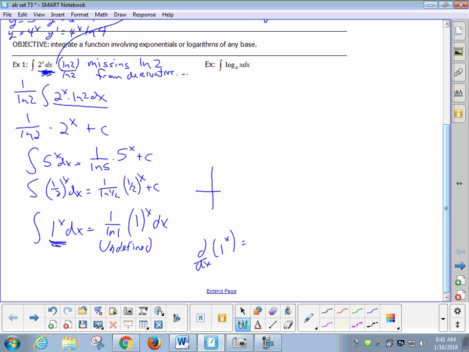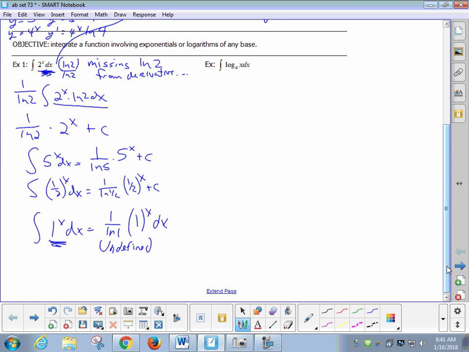If you think of 1 to the x, it has no rate of change. Basically, it's always 1 no matter what the power. And so this is 0. So it would make sense then that there is nothing that makes that derivative, so it has no antiderivative. That's kind of fun. Interesting.